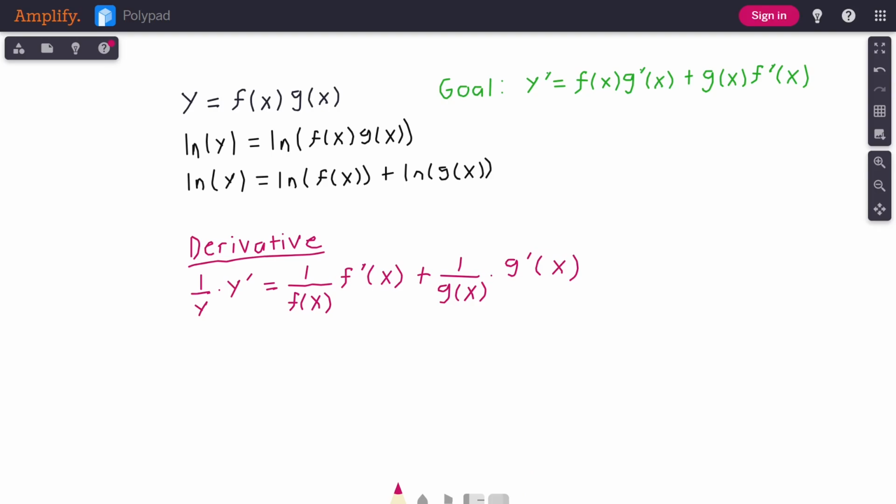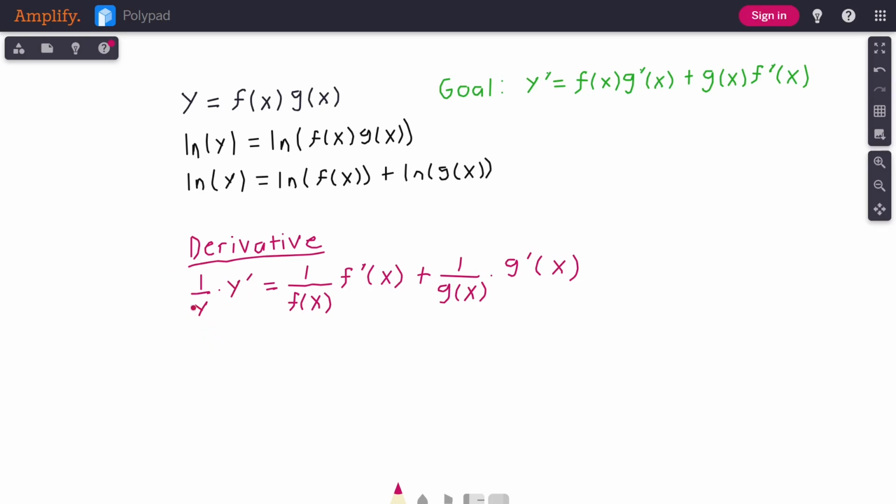Okay, so all we did is we started off with y equals f of x times g of x. We took the natural log of both sides, and that allowed us to use properties of logs to split up the natural logs. And now we took the derivative of both sides using implicit differentiation and the chain rule. And we got this ugly mess right here. Well, what we can do now is multiply both sides by y, because our goal is to get y prime.